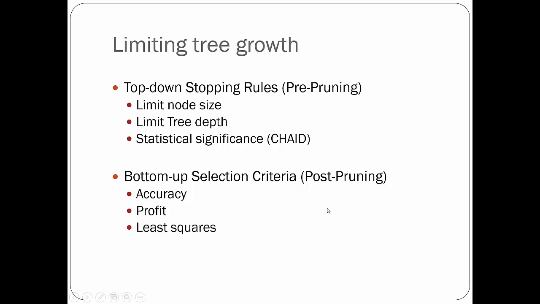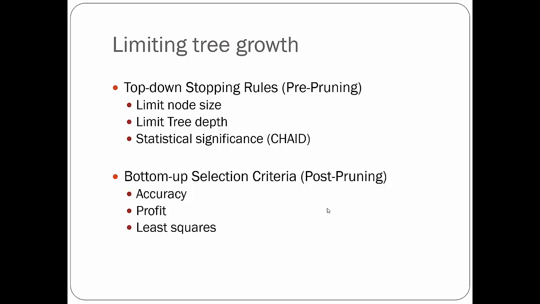That is pre-pruning. Post-pruning is when you build the tree to its complete purity. You build the maximal tree, and then you back up, based on accuracy or least squares in the case of an interval variable.